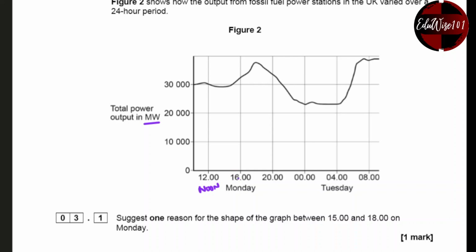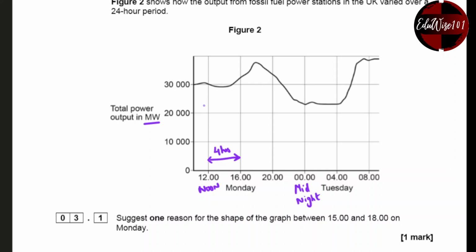That's 16, which is 4 p.m., 20 is 8 p.m., and this is midnight. And then Tuesday morning 4 o'clock, and then 8, and each of these sections is 4 hours. From there to there is 4 hours.